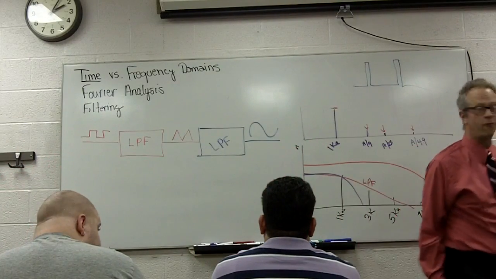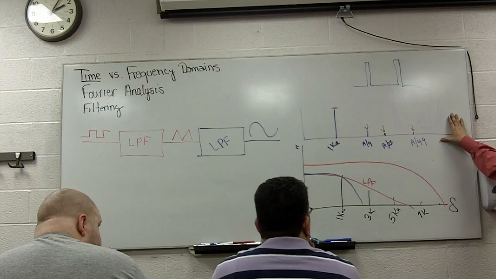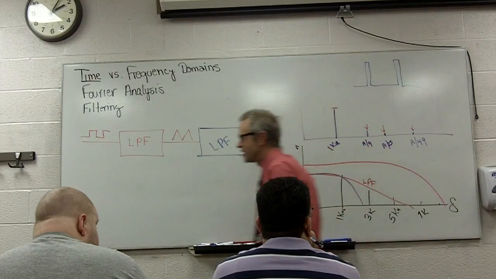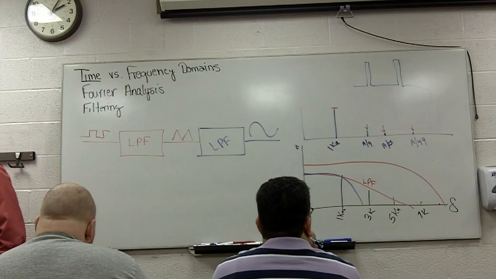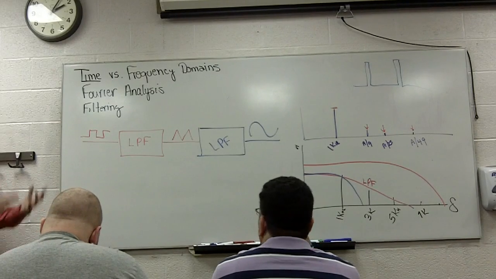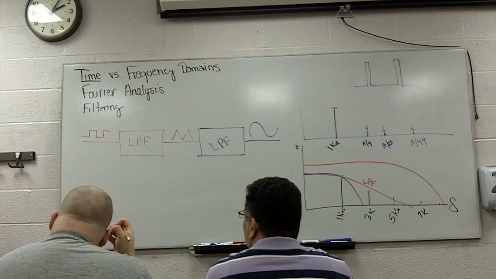Now, why would I possibly be interested in this? Why is that important to us? Different things run on different frequencies. Well, sure, different things run on different frequencies, but shouldn't they be able to run on a sine wave?